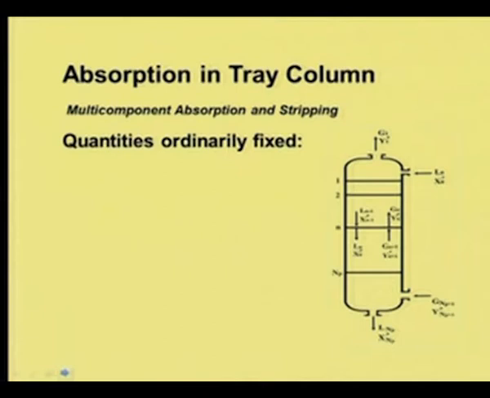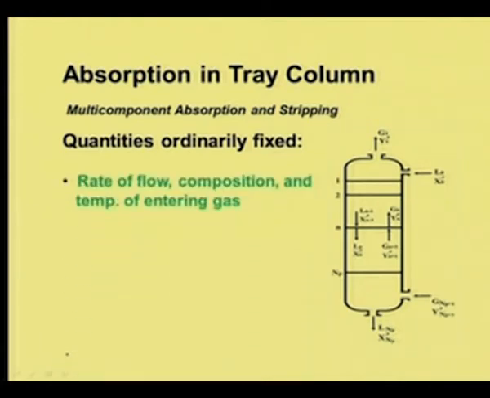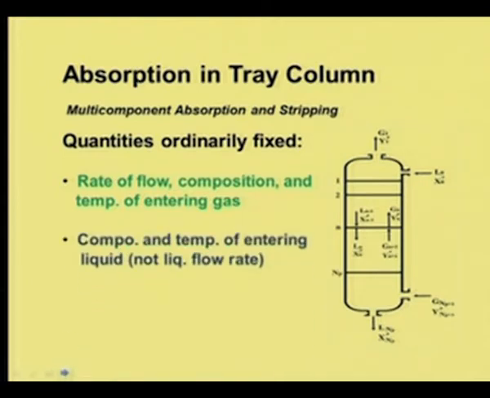Now, the quantities which are generally fixed for any absorber design are, first, the rate of flow, compositions and temperature of the entering gas. Then the composition and temperature of the entering liquid, not the liquid flow rate. Then what pressure the column operates at, and third, any heat loss or heat gain.